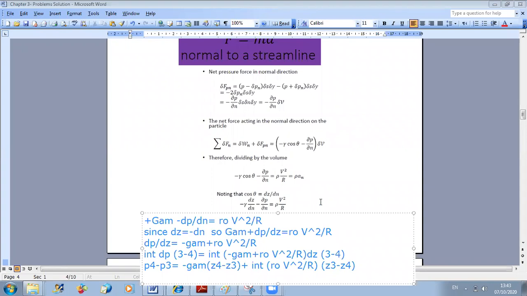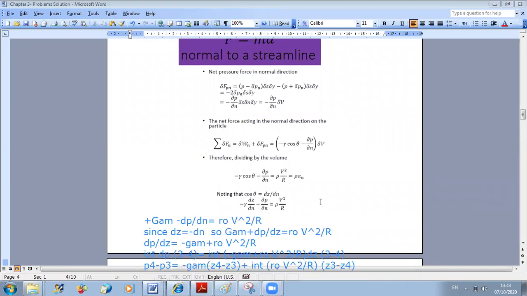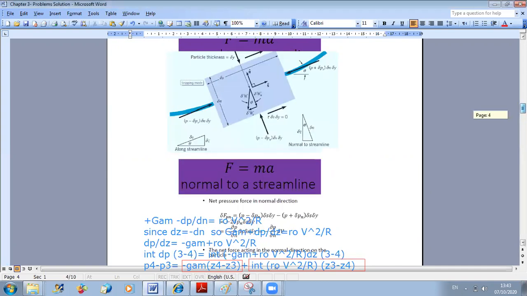So this number, the integral of rho v square over r, is positive, while the other number is negative because z4 is larger than z3 and I have a minus. So I cannot know if p4 is larger than p3 or p3 is larger than p4. I should have the function to conclude. I will go back to my figure to understand physically why this is happening.